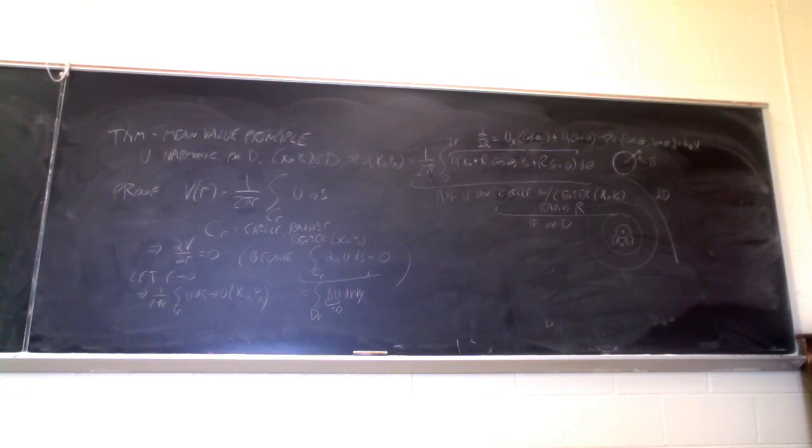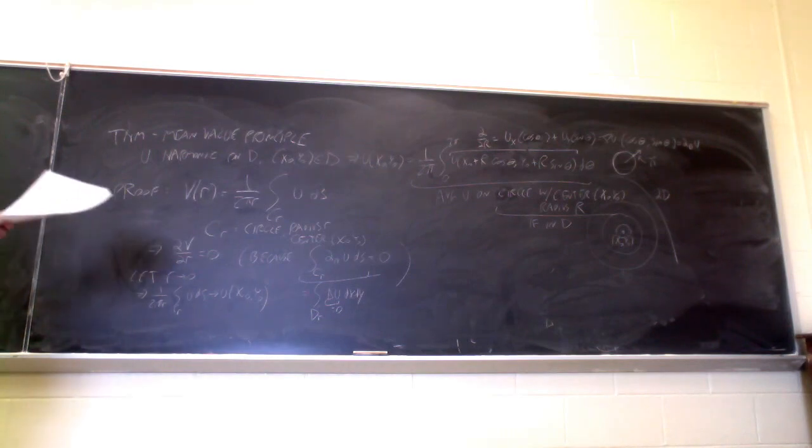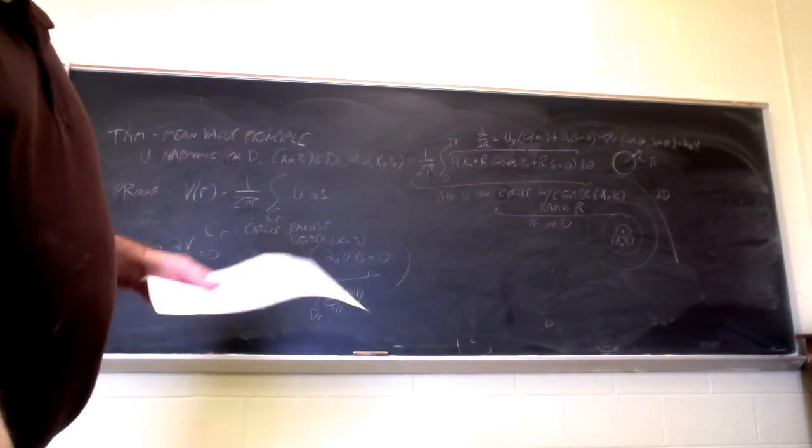Okay. So I've just proven that if a function is harmonic, then it satisfies this mean value principle. But now, suppose we have a function that satisfies the mean value principle. Is it harmonic? And the answer is yes.